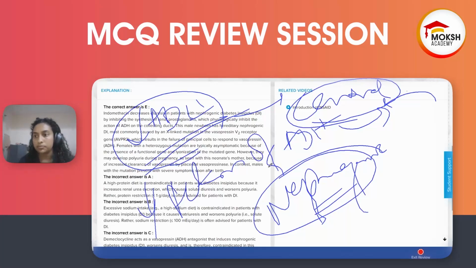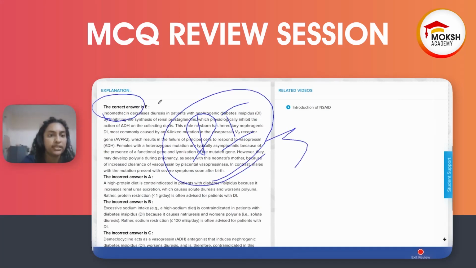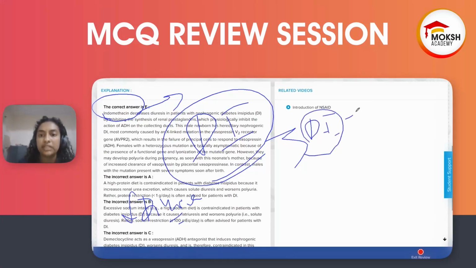Now, what are the treatments of diabetes insipidus is what they're asking. So indomethacin, which causes decreased diuresis. Amiloride is a potassium sparing diuretic. So what do you have to do in diabetes insipidus? Either you have to give a vasopressin analog in central, or you have to cause something else.